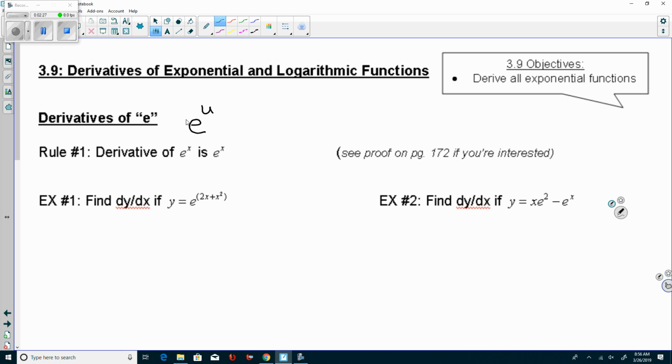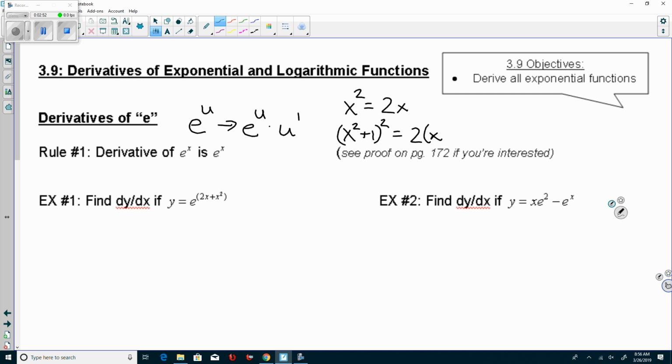So e to the u, if I'm going to derive that, that is your e to the u times u prime. So u prime, remember, we have to take the derivative of the power. Kind of like when we had x squared, what's the derivative of that? It's just 2x. But then once we had x squared plus 1, squared, what is that?